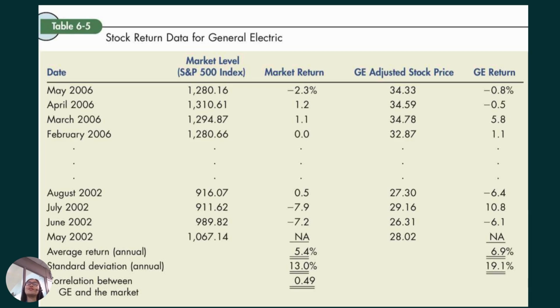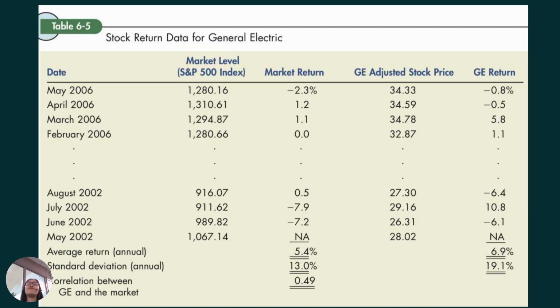We also find the percent change of the S&P index level and use this as the market return. As table 6-5 shows, GE had an average annual return of 6.9% during this 4-year period, while the market had an average annual return of 5.4%.